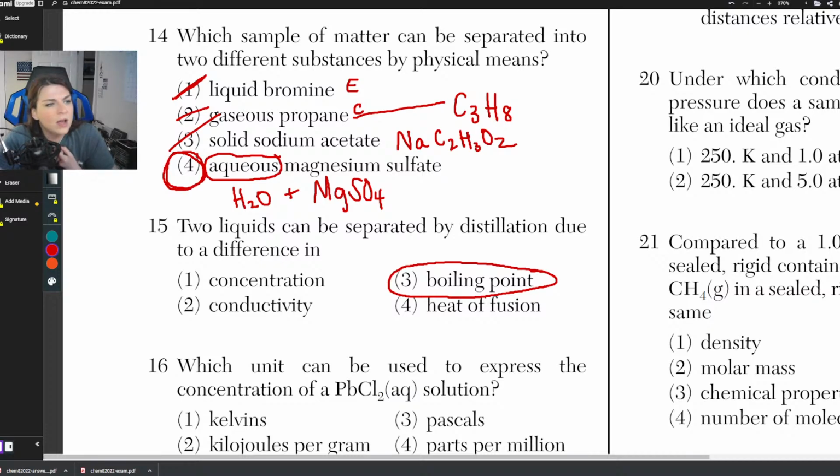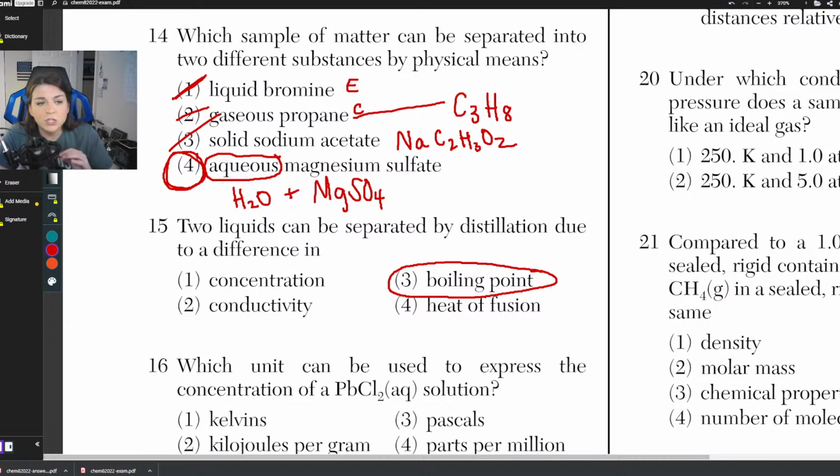Conductivity, not a way to separate components. It's a way to distinguish components. You could have a mystery material and then try to run a charge through it and find out if it's conductive to figure out if it's a metal or if it's a pure metal. Metals also have different conductivities, which you will learn if you take physics.